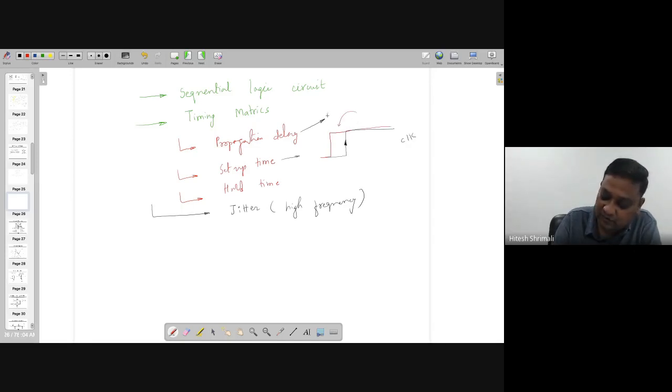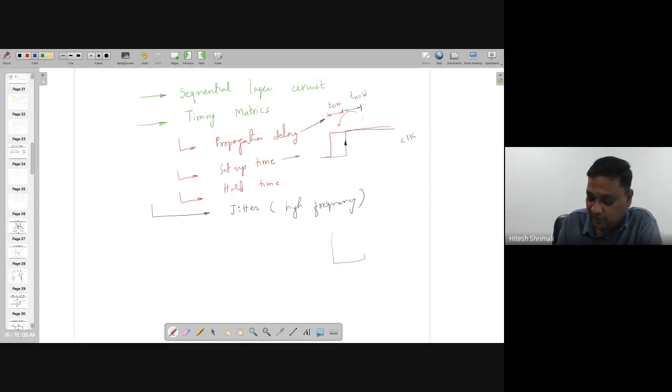So before the clock, it has to be available. That is known as setup time. And afterwards, how much time it has to be stable, and before that it should not change its state. It's known as the hold time.